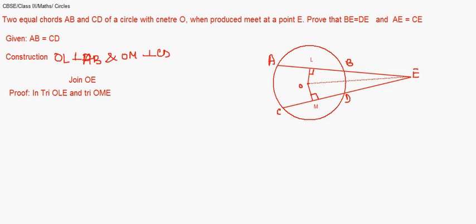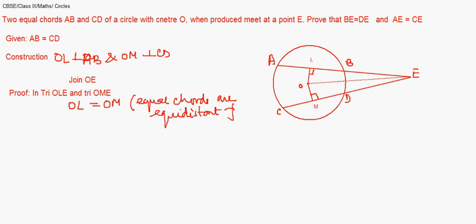We get OL is equal to OM. The equal chords are equidistant from the center. Here you can write equal chords are equidistant from the center.